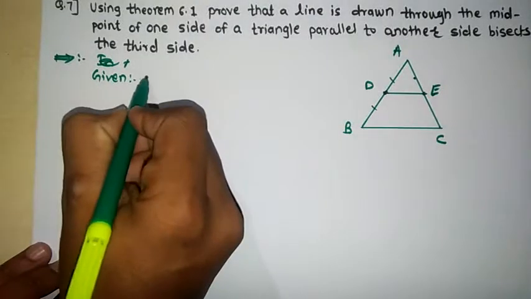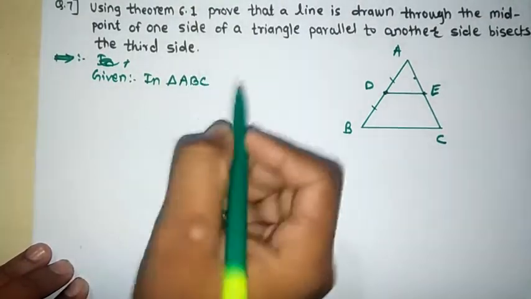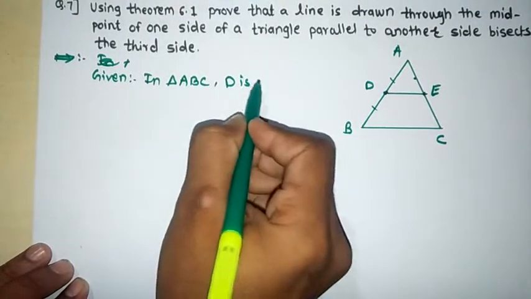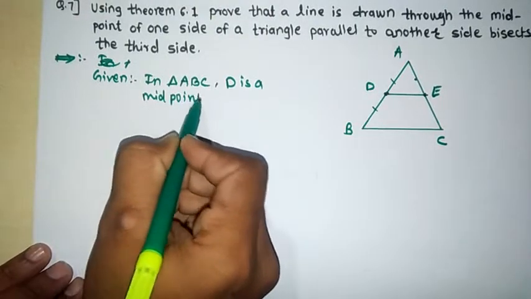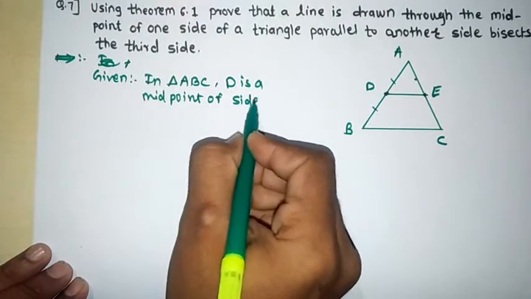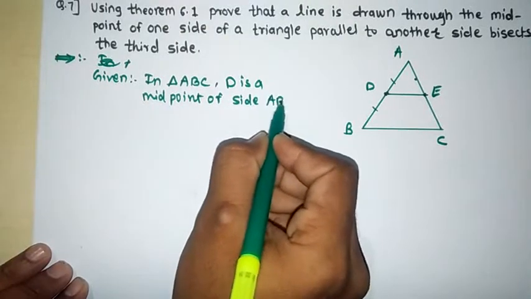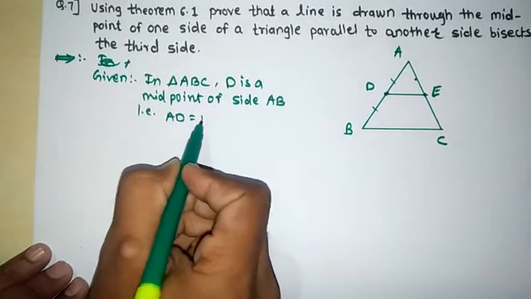Given in triangle ABC, D is the midpoint of side AB, that is AD is equal to DB.